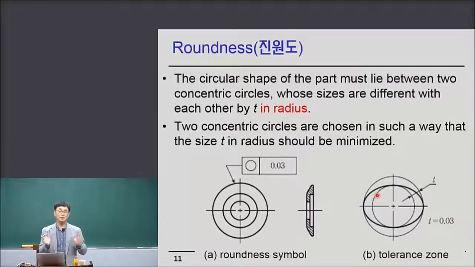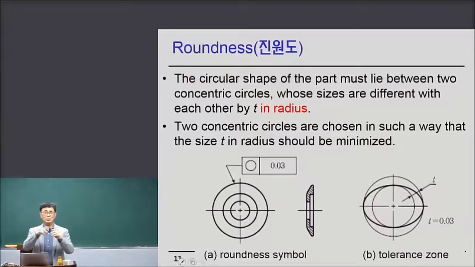So the two concentric circles are chosen in such a way that the size t in radius is minimized. So finding the roundness of the circular shape is some trial and error.